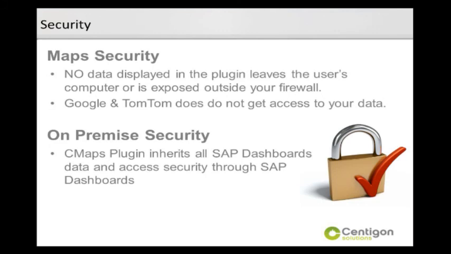None of the data rendered on top of the map actually goes to Google or TomTom. So everything is rendered locally, and that includes all of the data points. So one of the considerations for shape data or custom boundaries, as covered on some of our best practices documents, because we don't require a server install, we're directly accessing territories.